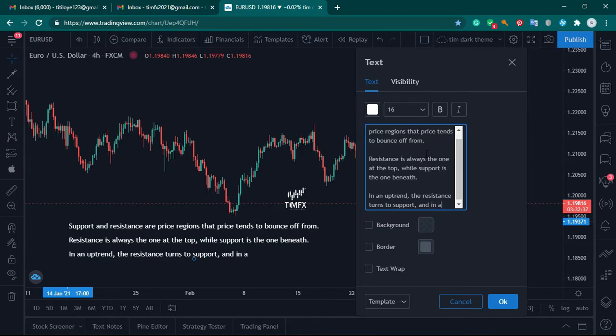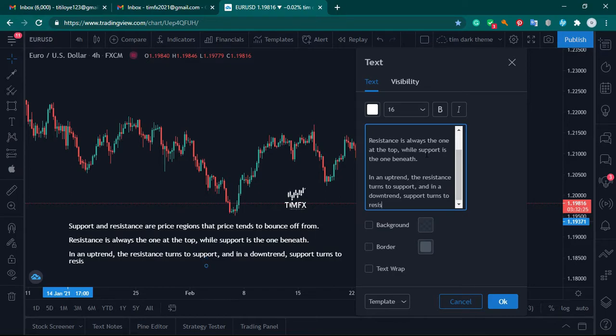And in a downtrend, support turns to resistance. I hope we understand what I'm typing. So in an uptrend, the resistance turns support, and in a downtrend, the support turns resistance.